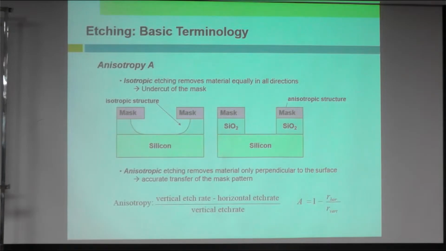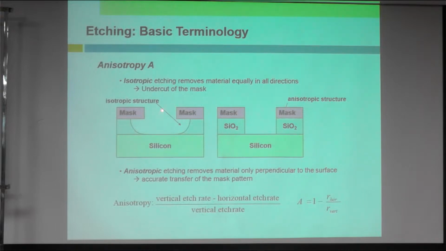So this is another aspect: what happens to the mask and to material removal. Isotropic etching removes material equally in all directions, so there is undercut of the mask. We have the mask here, photoresist for example, or it can be some other material, depending on the process step.